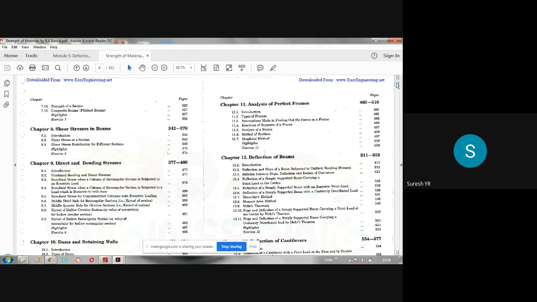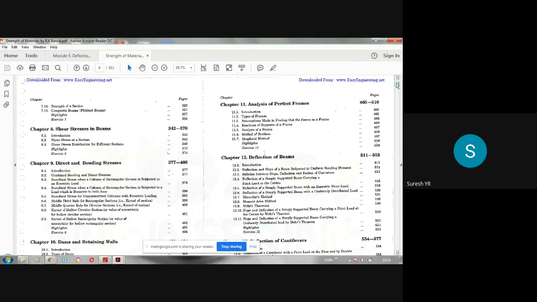So one load at 2 meters from A, another load at 3 meters from A. Total span is 5 meters. That another load you take 15 kilonewton. So 10 kilonewton is one load, 15 kilonewton is another load. Only two concentrated loads are given. You take those load points as C and D.